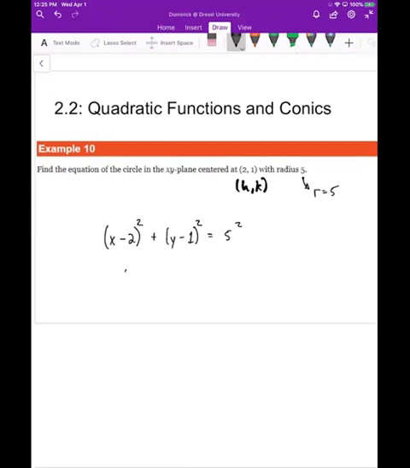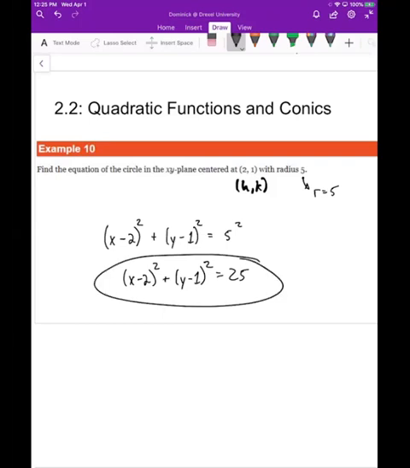Now, you don't want to FOIL this out because it's going to be a little bit harder to see what this is describing. But if you want, you can square the 5 to give 25, right? So that's fine. All right, so that's the equation of the circle centered at 2, 1 with radius 5.